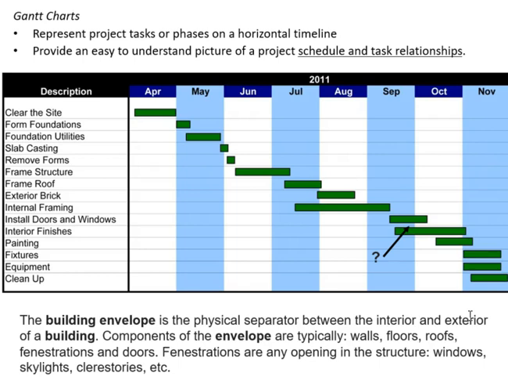It's everything that separates the conditioned space inside, conditioned being air conditioning and heating, and outside is unconditioned. Sheds, for instance, and garages are unconditioned, typically not heated and air conditioned. Not without exception, but typically not. So, the building envelope separates the conditioned space from the not conditioned. So, it's an important milestone in schedules.